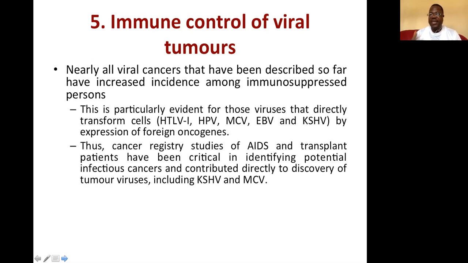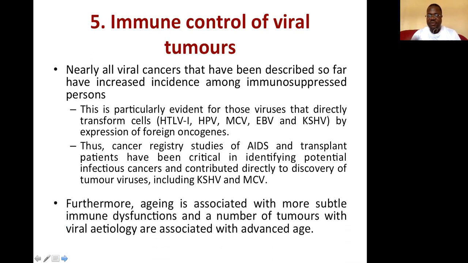So the cancer registry studies of AIDS and transplant patients have been critical in identifying potential infectious cancers and contributed directly to the discovery of tumor viruses. So mainly in patients with AIDS and also in renal units, where you have patients who underwent kidney transplant or other organ transplant, liver transplant, because of their weak immune system.